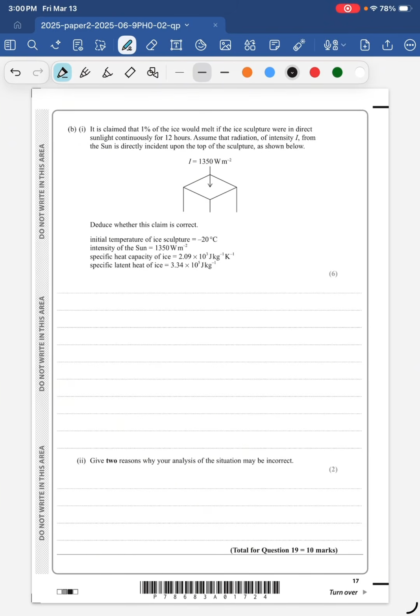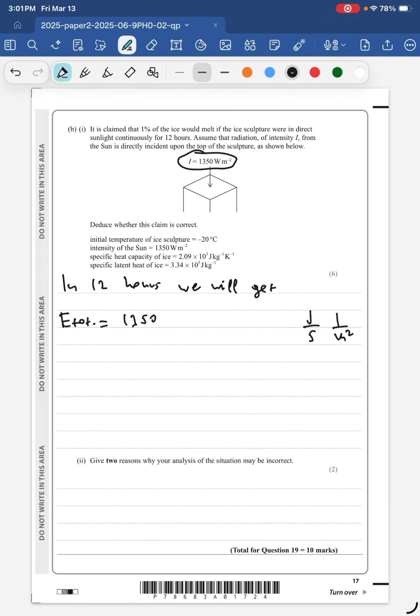So let's first calculate how much available energy we have. So let's start with this information. Okay, so in 12 hours, we will get a total energy of 1350, and this is joules per second, right? And then over square meters, okay?